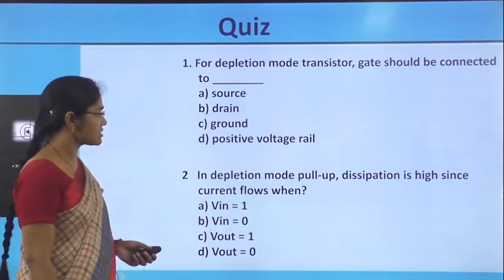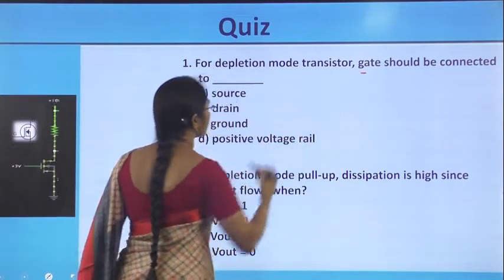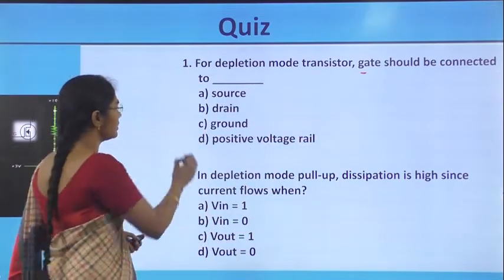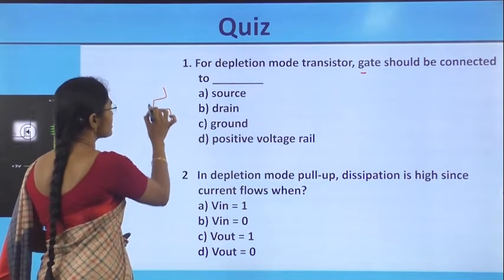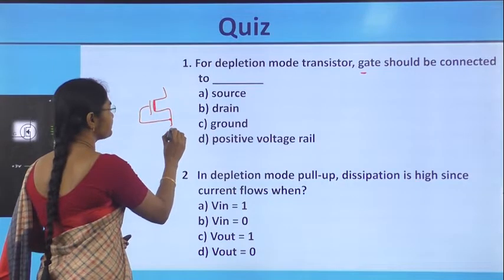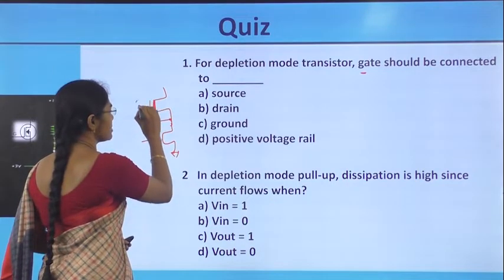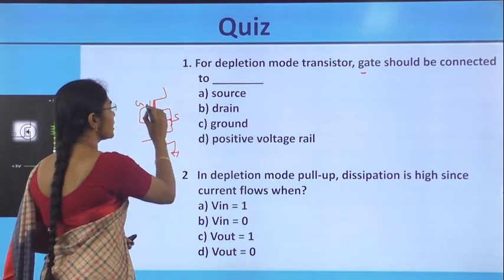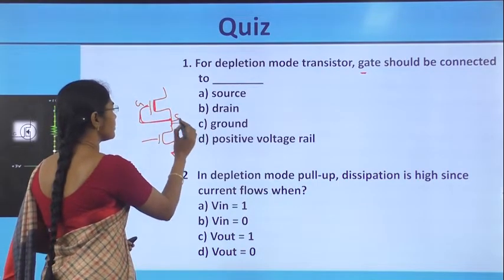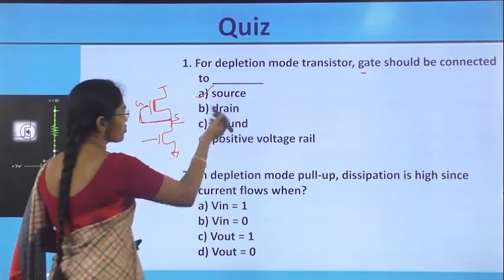Let us see this quiz. For the depletion mode transistor, the gate should be connected to the source. We have seen this nMOS inverter with its gate connected to the source, and both connected to the out. Therefore, the gate is connected to the source.